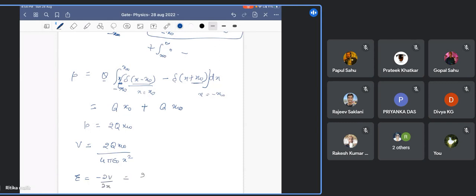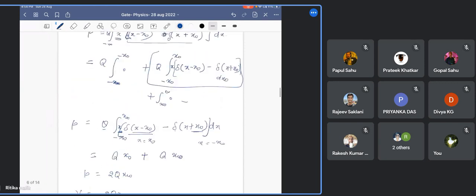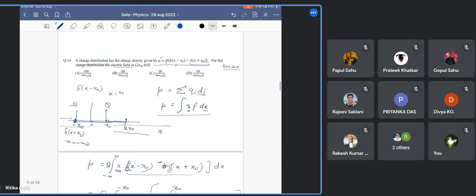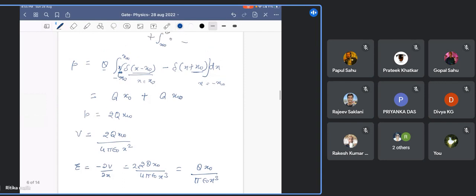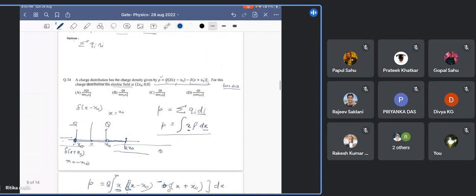So that will be 2q x naught upon 4 pi epsilon naught, x multiplied by 2, and it will be x cube. So I think my fourth option is 4q x naught upon pi epsilon naught x cube, electric field in the x direction.